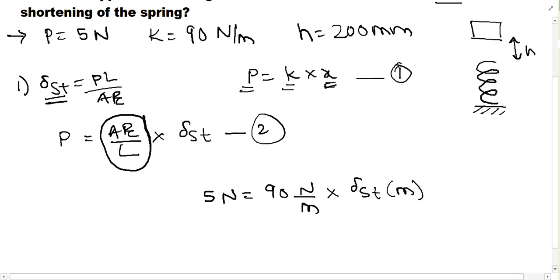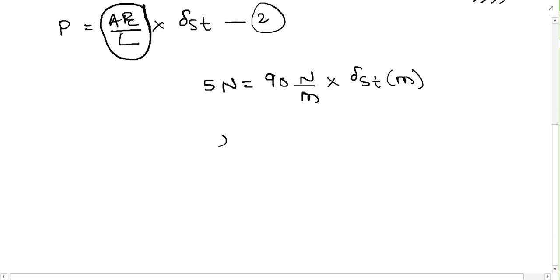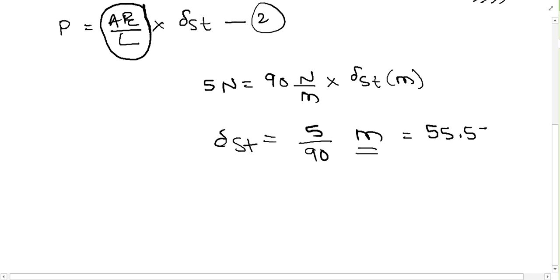So what is the value of delta static? Delta static is nothing but 5 by 90 meter. If I convert it into mm, what I'll get is 55.55 mm. Now the first step is done. Delta static is equal to 55.55 mm.